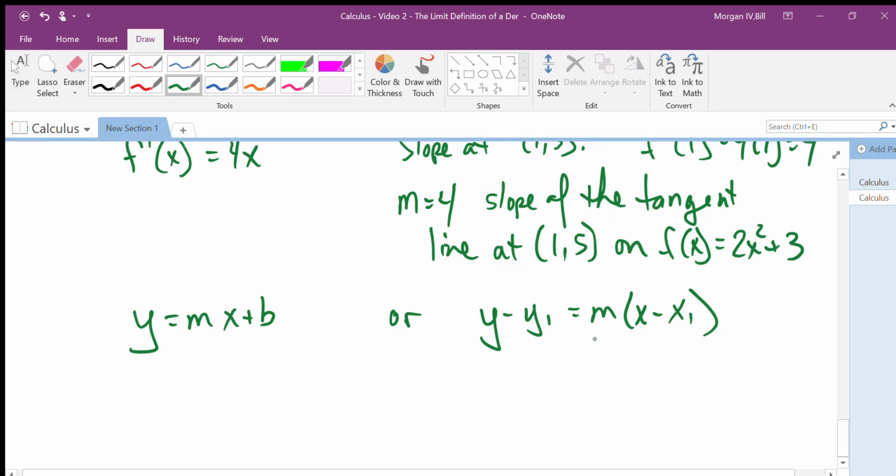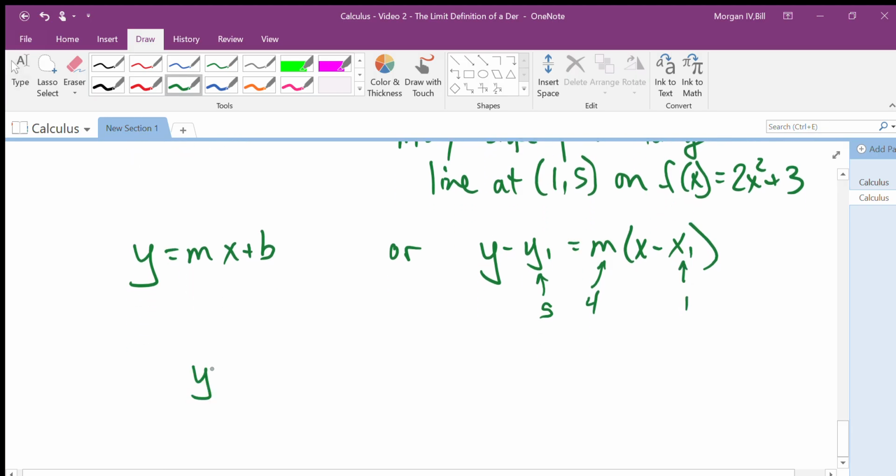We know the slope. The slope is 4. We know the point, 1, 5. That means y1 is 5, x1 is 1, and we find the equation of the line. So we have y minus 5 is equal to 4 times x minus 1.